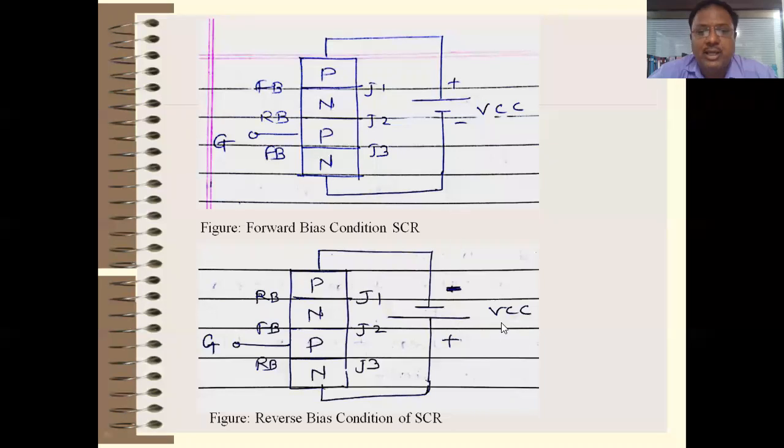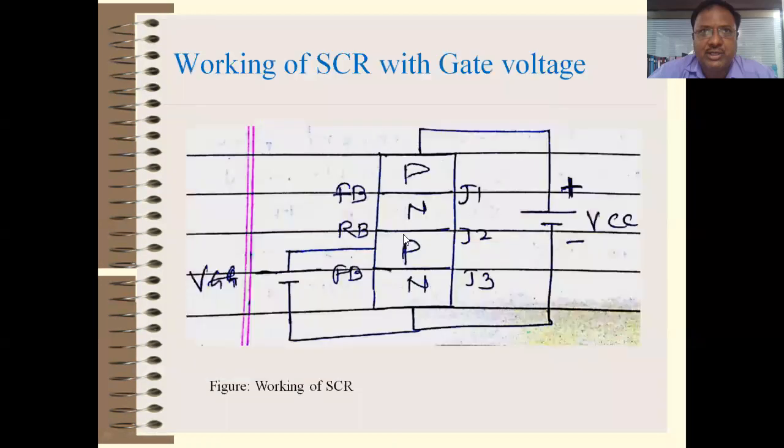If the battery voltage gets reversed, that is, anode is connected to the negative of the battery with respect to cathode, then again the device is in off state if the gate is open. But this time junctions J1 and J3 are both reverse biased, and junction J2 is forward biased. This we already covered in the last lecture.